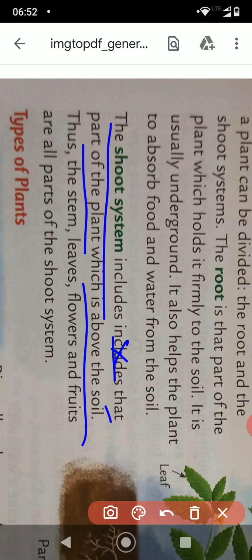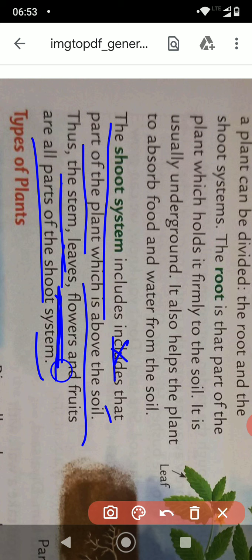Below the soil is the root system, above the soil is the shoot system. Thus the stem, leaves, flowers and fruits are all parts of the shoot system. Children, what all comes under the shoot system? Stems, leaves, flowers, fruits, they all come under the shoot system.